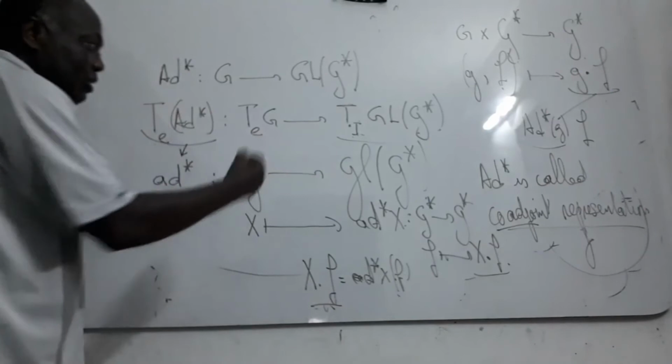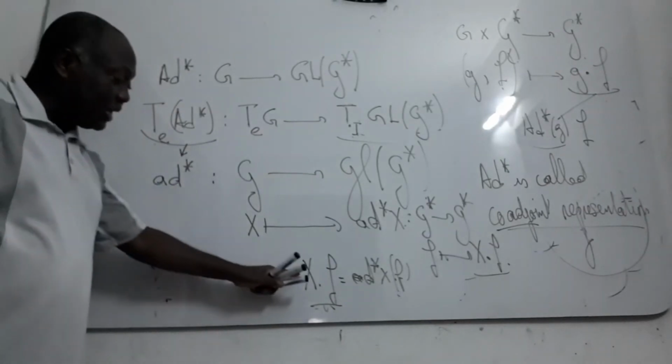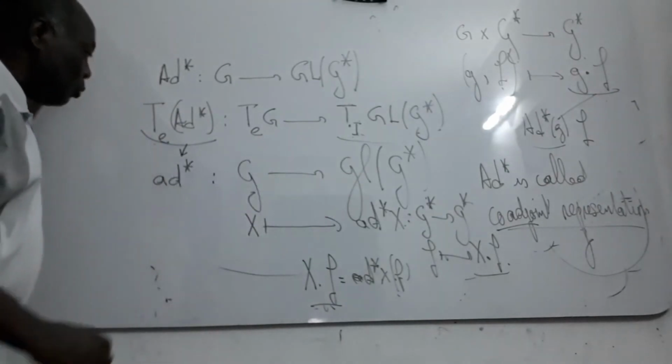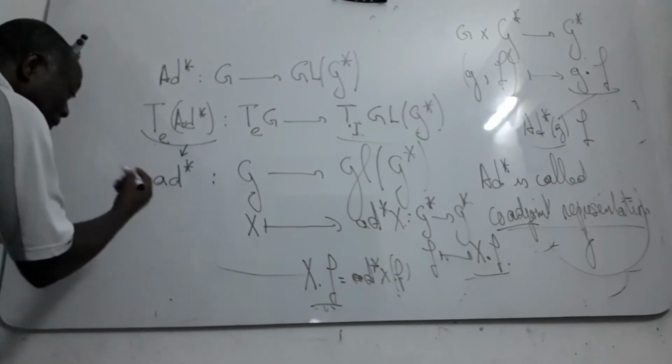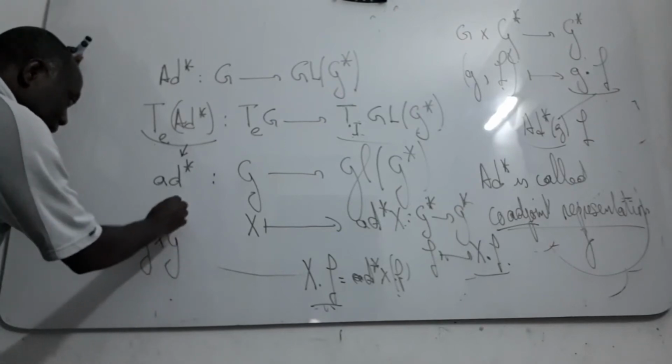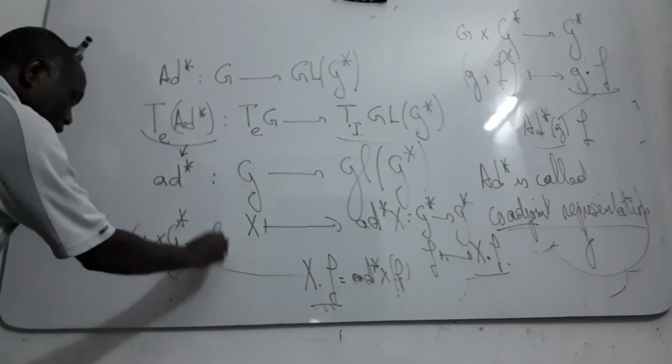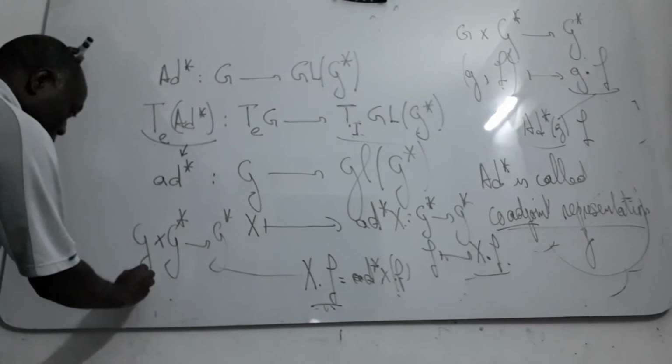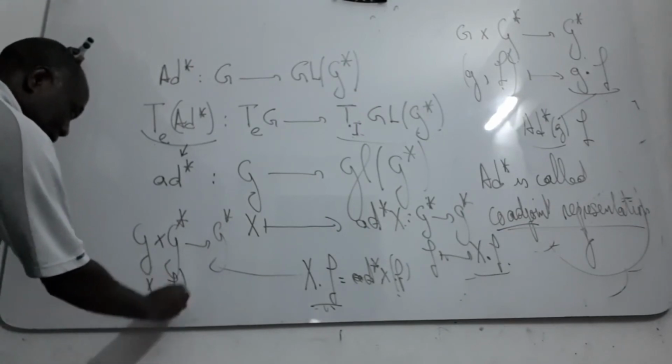That's the action of the Lie algebra on the dual, the action of the dual into the dual. So you have X acting on F like here.